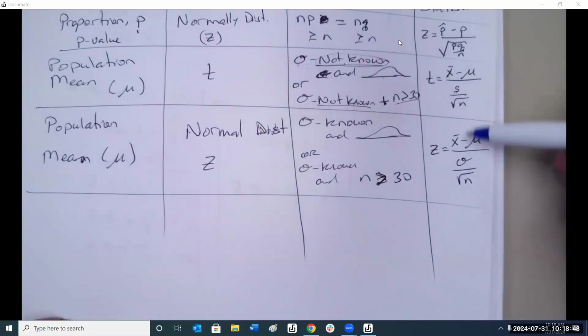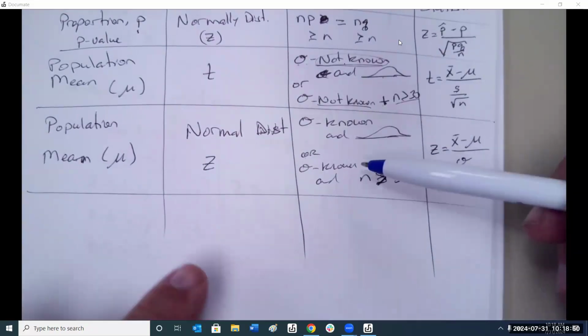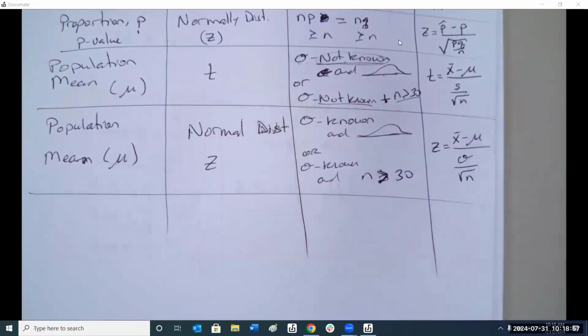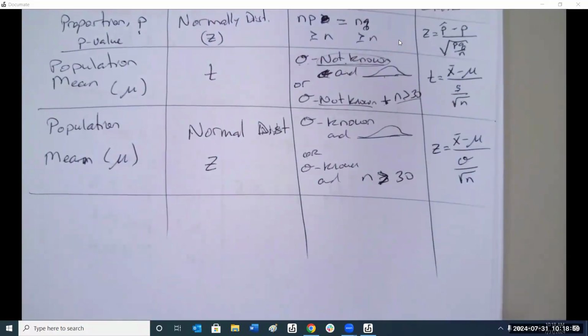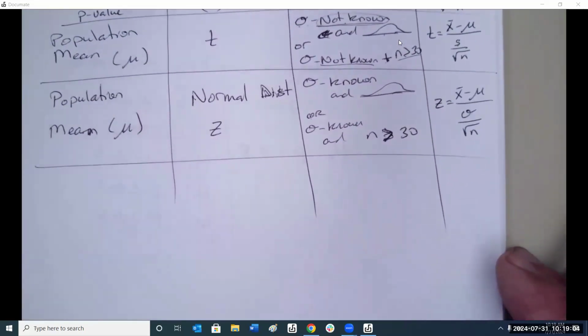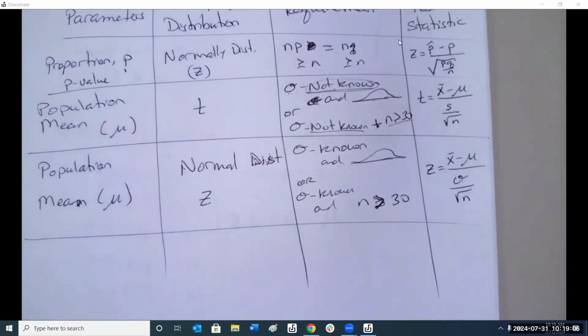Yeah, and you notice how they're almost identical? It's just that the z-score is more accurate because we have the population deviation as opposed to the sample, which is t. So, Professor, if you don't know the population deviation, we use t. You have to use t, right? Yeah, but if we know it, we use the z-score. Because once you know the population deviation, that number came from a larger sample size than you really had.